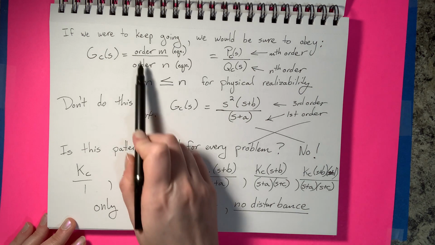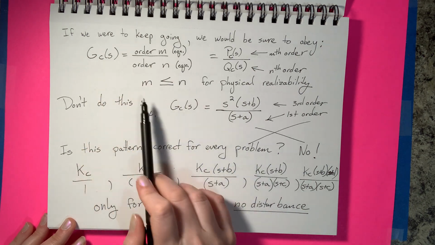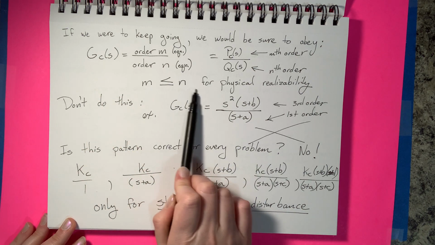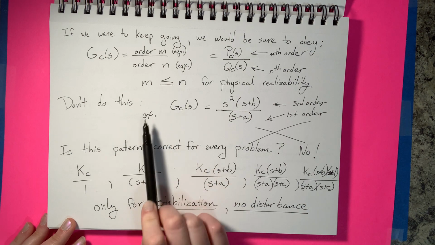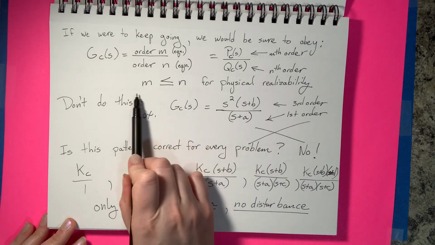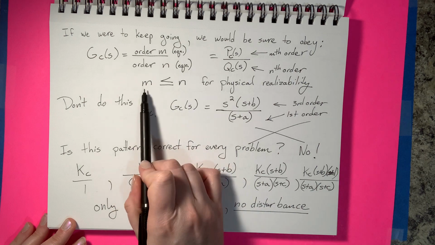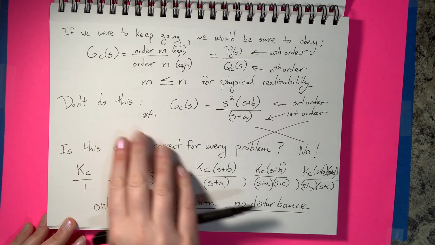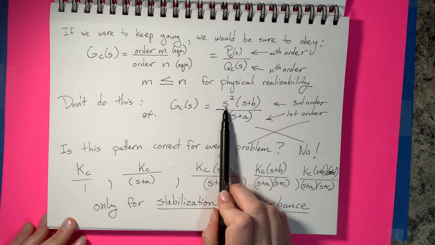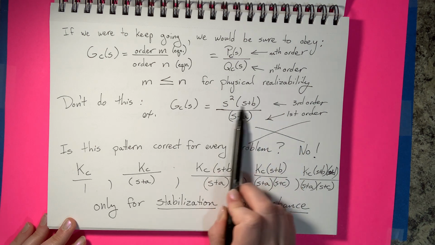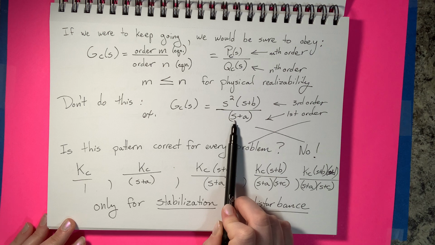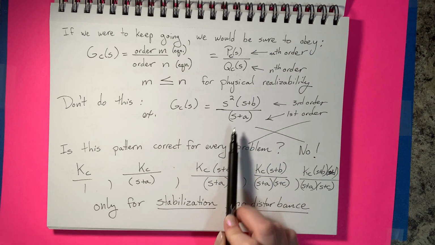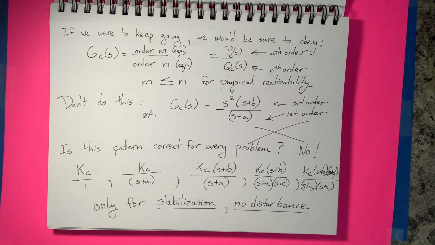But if we have a single block like this, we need to adhere to this rule, okay? And in general, in this class, if you're doing things correctly, you're going to adhere to this rule, okay? So for example, don't do this. This is what I mean. Here I have a third order polynomial on the top, and I have a first order polynomial on the bottom. That's bad. Don't do that.